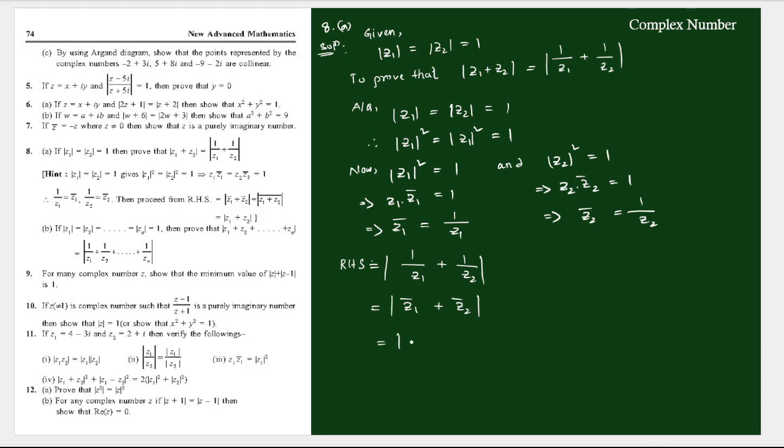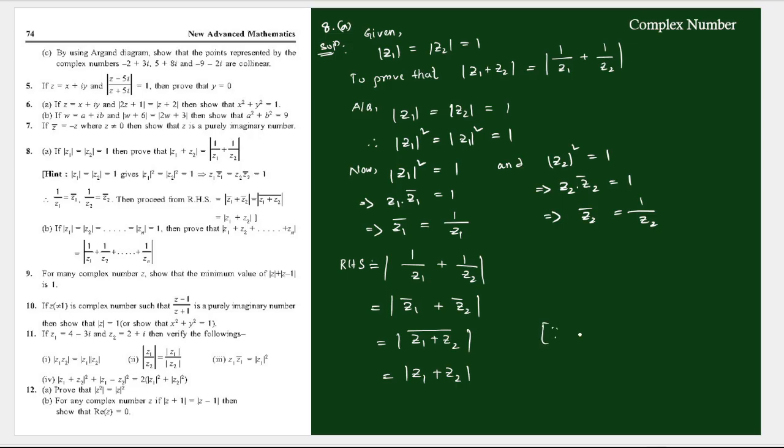Then you can write this one as a whole conjugate, and then by property their modulus is equal to modulus of z1 plus z2. In modulus it is the same.